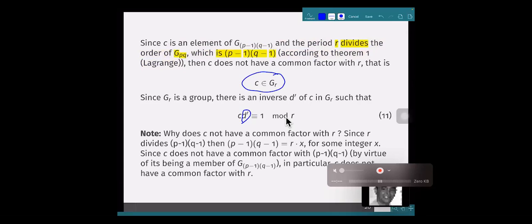The bigger group has a number of elements equal to P minus 1 times Q minus 1. So since R is a divisor, there must be a number X. We don't care what that number is, but if you multiply X times R, it will give you P minus 1 times Q minus 1.